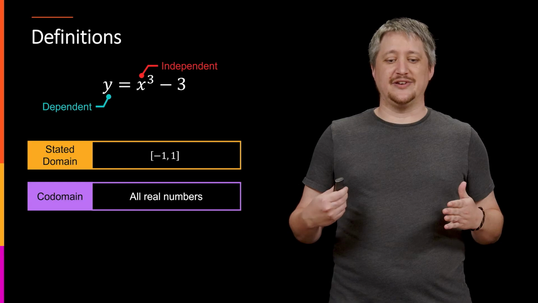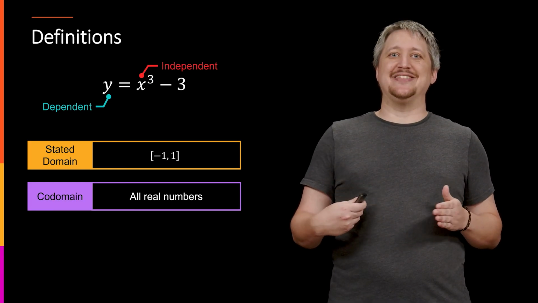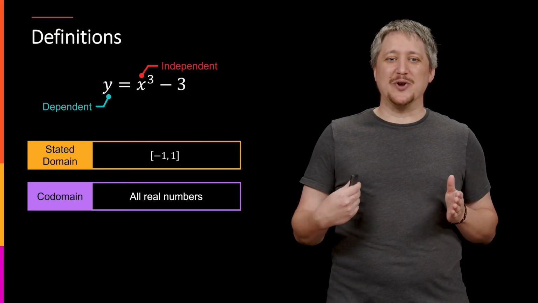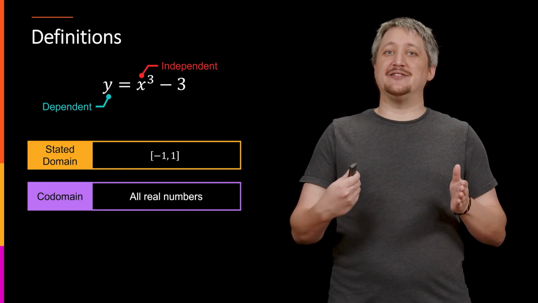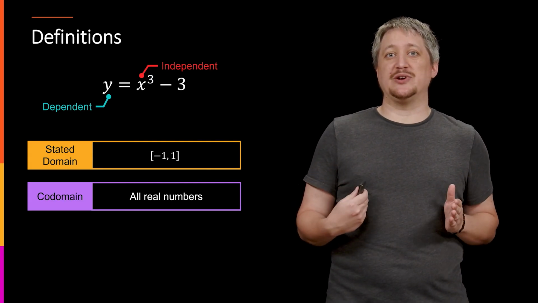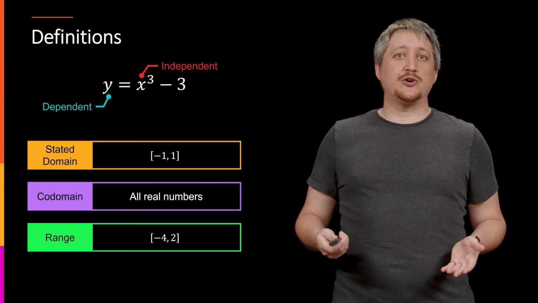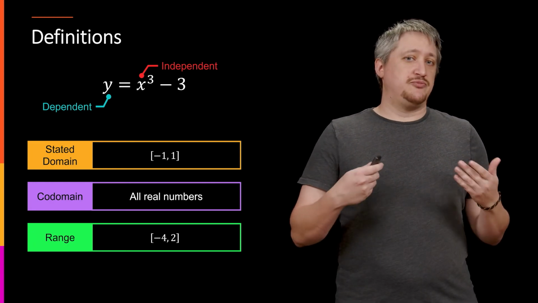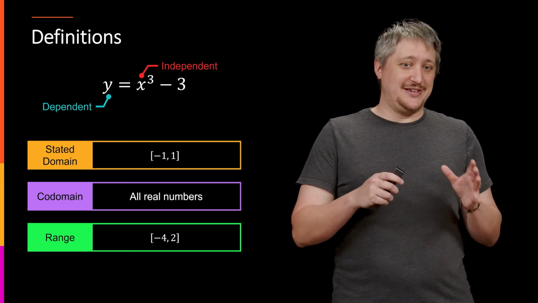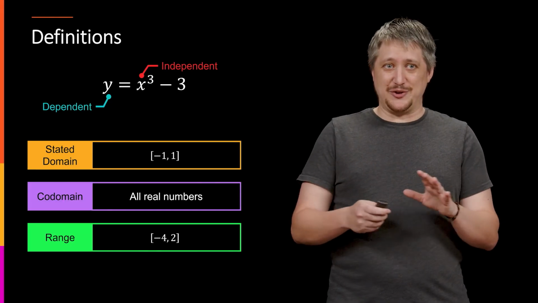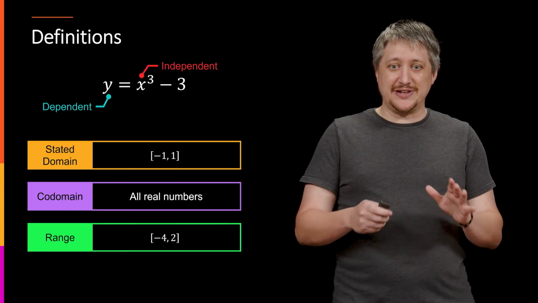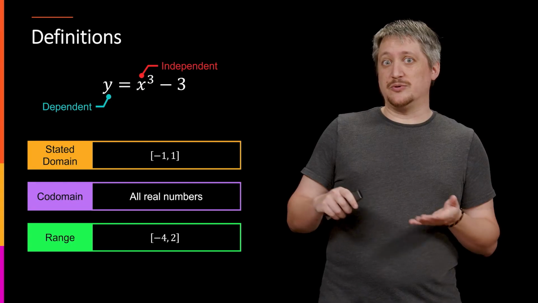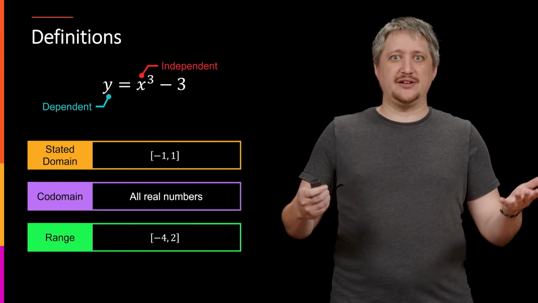But because I'm shrinking what I'm allowed to put in, right? You can think of this as the action and the range is the consequence, right? So when I plug in a value, I get a value out. So if I decide to shrink what I plug in, my range will get correspondingly smaller. So that means that here, again, to be very clear, you don't have to know how I got this yet. We'll talk about this later. But here, my range is not all real numbers anymore. Now it's -4 to 2.